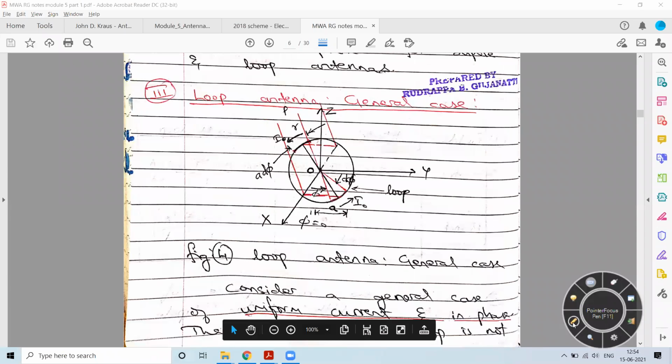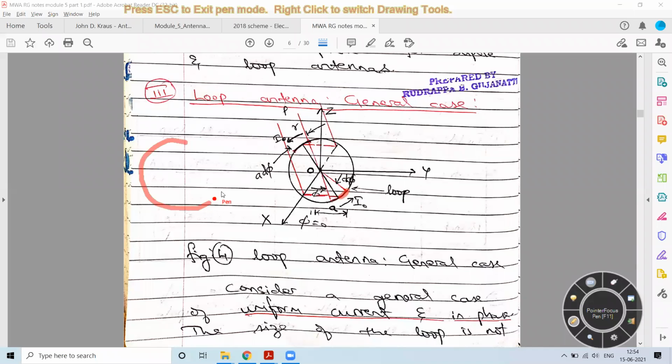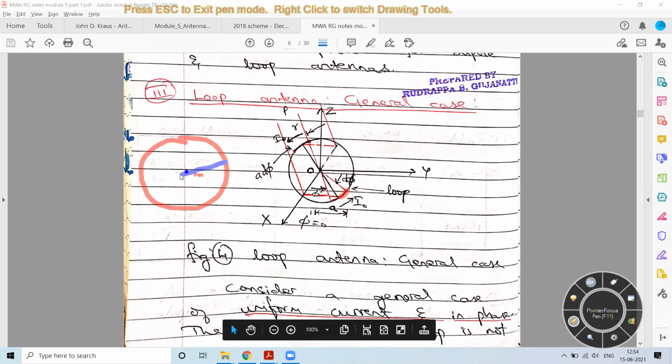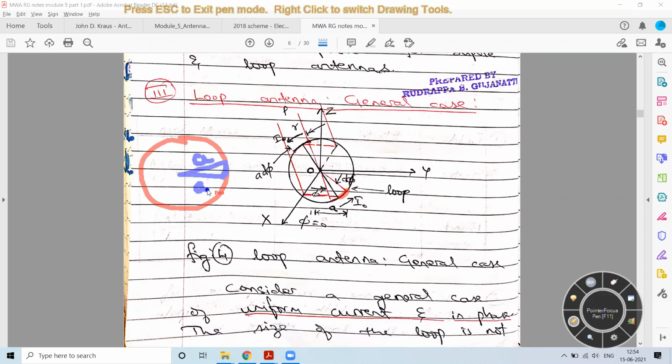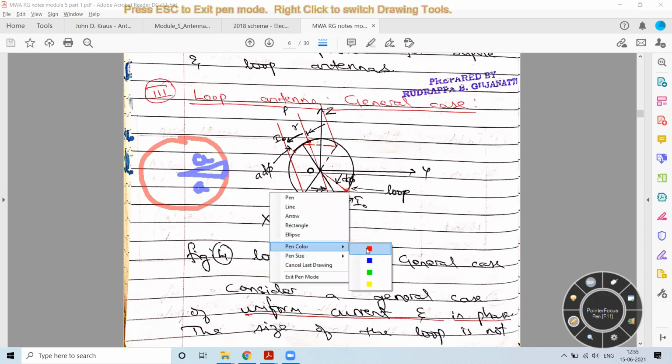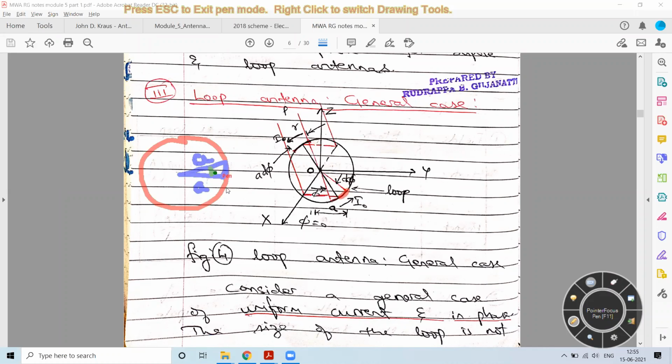Now, when we are considering this, we consider a small elemental length on the loop. So from the origin, I consider a small elemental length. If A is the radius of the circle of this loop, then this is an angle of d phi.